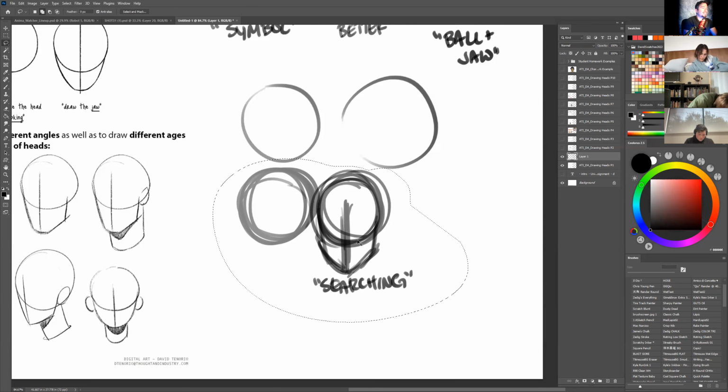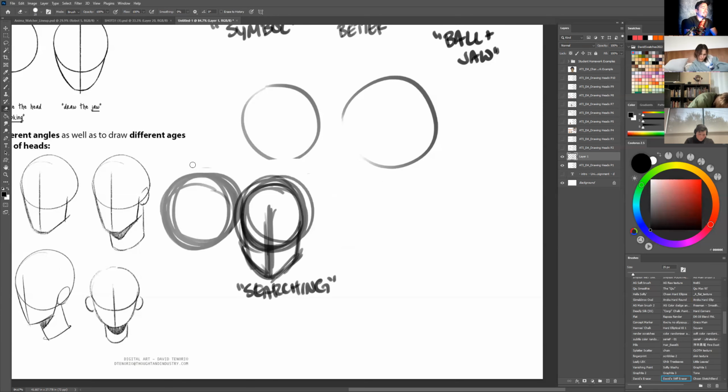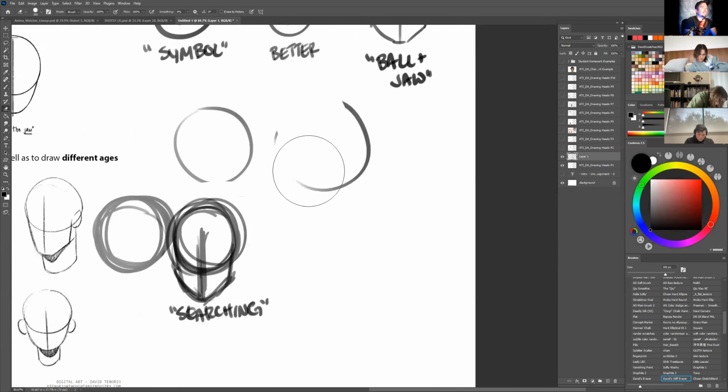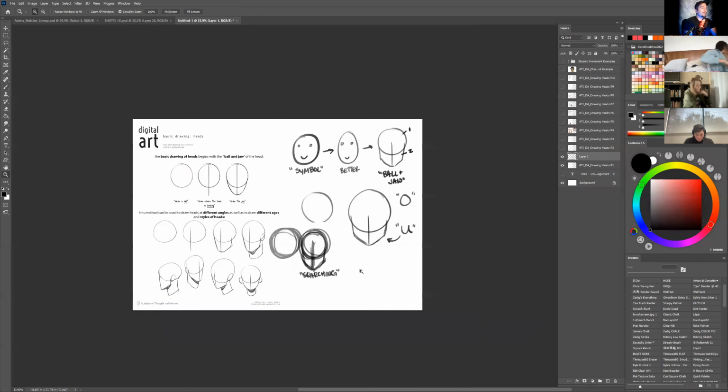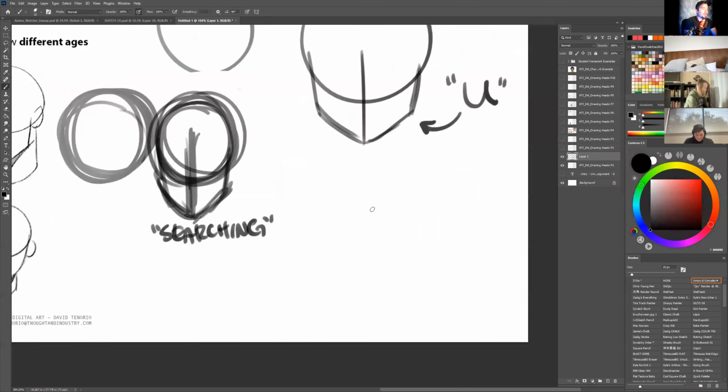But other than that, the basic etiquette would be when we draw a head, we draw the ball, we draw where the figure's looking, and then we draw a jaw. So that's a circle shape, and then a letter U shape right down here on the bottom. So we get into that flow where we get very comfortable with that.